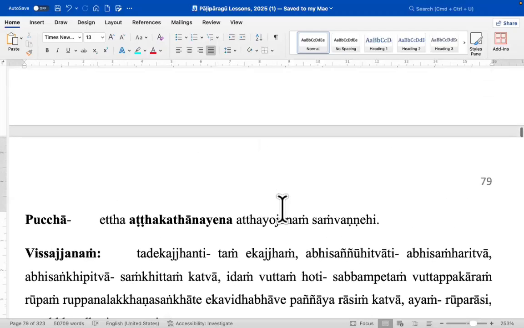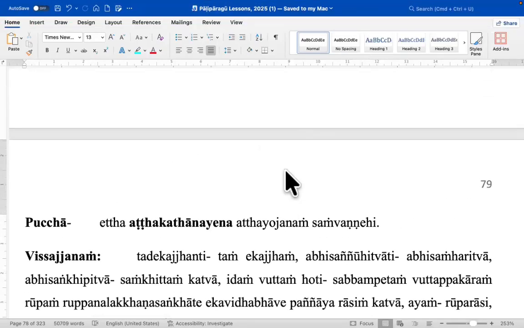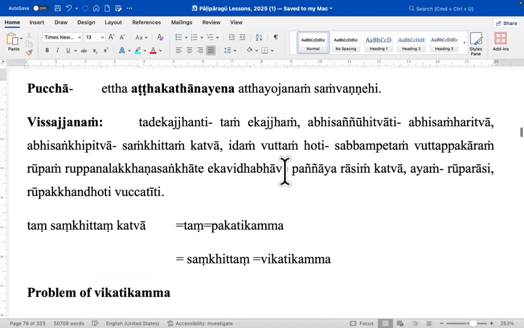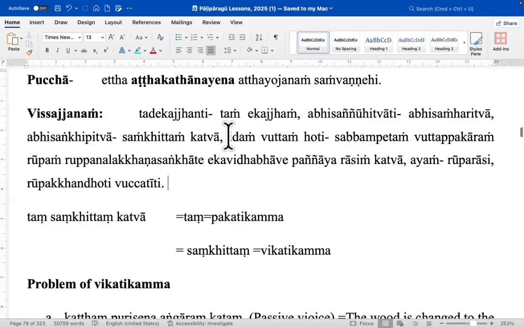Earlier you said that "idam odam hoti" is Padhanta. What is Padhanta? Padhanta means intended meaning.